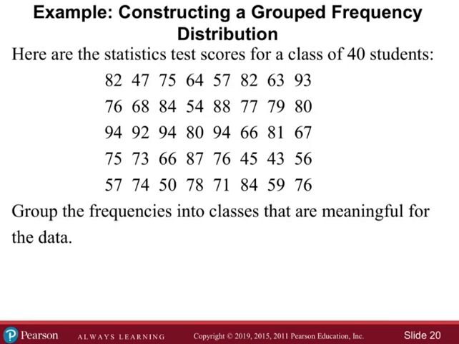Okay. Let's see if we can find the max and the min like we did before. I see a 94 for a maximum. Okay, let's go with the 94. And the minimum, I see a 50. I see a 43. Is there something lower than 43?